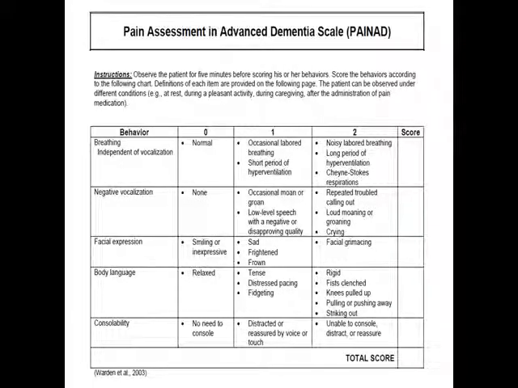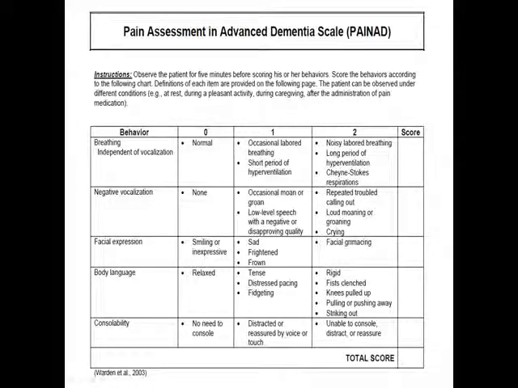Okay, in adult patients that are nonverbal, not able to self-report their pain intensity, we have in EPIC the Pain Assessment in Advanced Dementia Scale. This scale was developed and validated originally back in 2003 in institutionalized patients whose dementia was so advanced that they could not verbally communicate the fact that they were in pain. You can see that there's 5 different behaviors that are graded on a scale of 0 to 2.